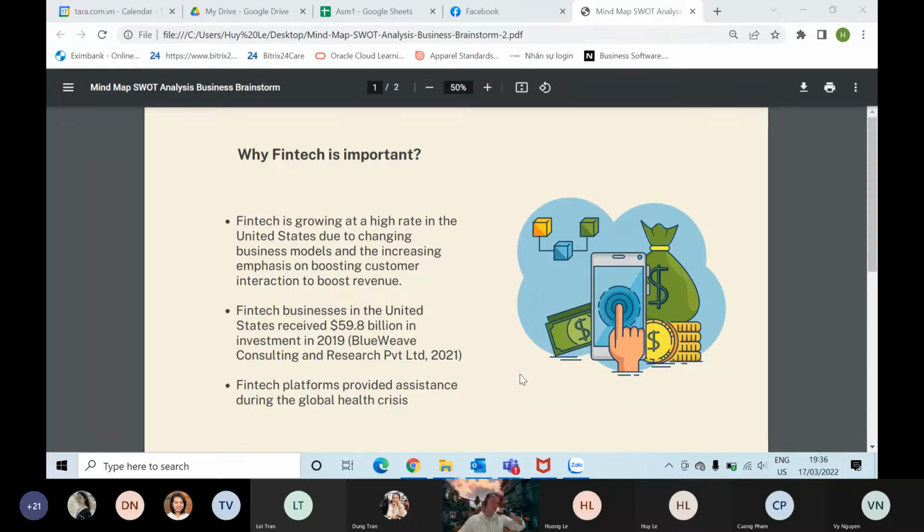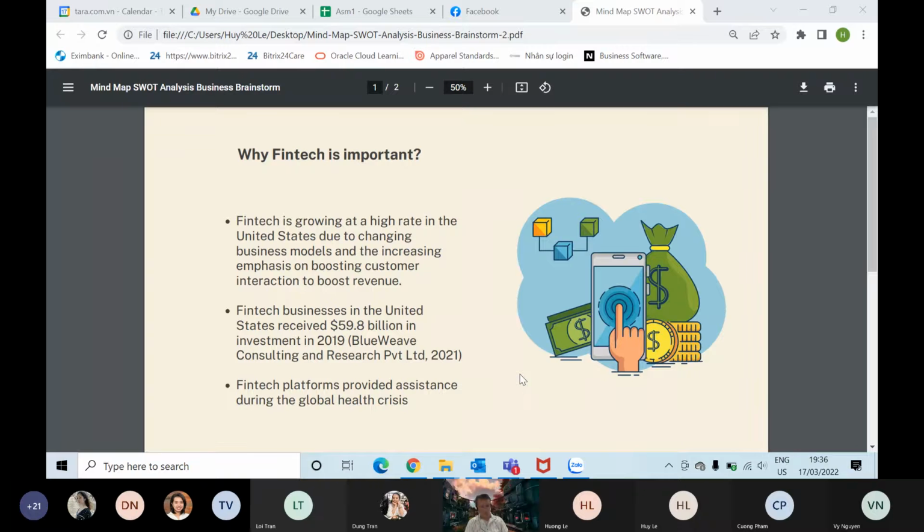So to start with, I want to introduce the definition of fintech. Fintech is short for financial technologies, and it is defined as the integration of technology into the delivery and use of financial services. Basically, fintech helps businesses and consumers better manage their financial operations and processes.